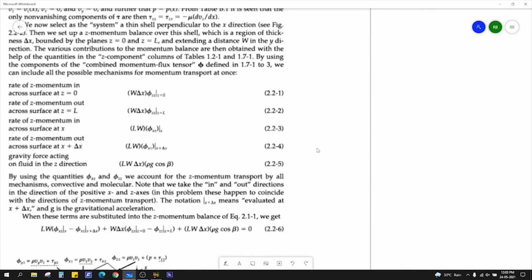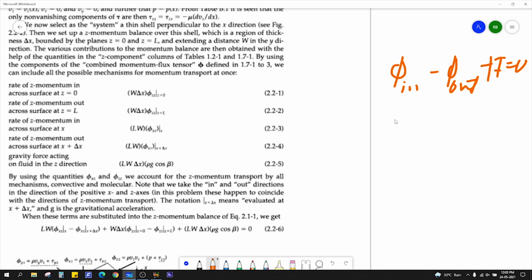Okay, so now see, we have what? Rate of momentum in minus rate of momentum out plus external force equals 0. This is rate of momentum, sorry.